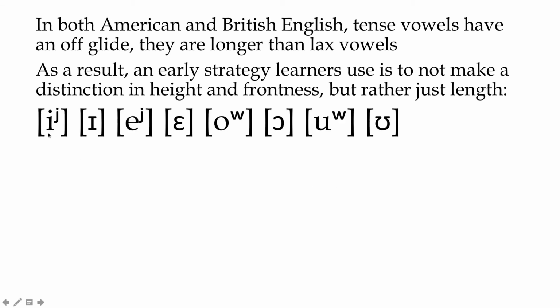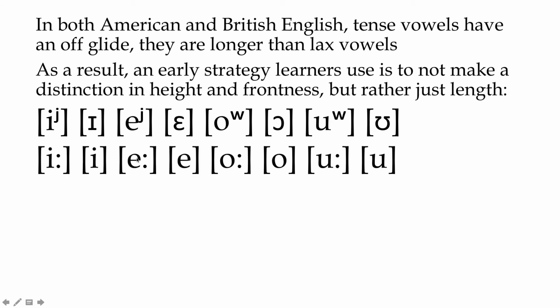So really, if we were being technical, most of the time American English speakers would say E, I, A, O, A, U, U. So the off glide makes the tense vowels sound longer. So what learners will do instead of making a distinction between E and I in terms of the place in the mouth, they'll make a distinction between length. Heat, turn up the heat, I heat you.